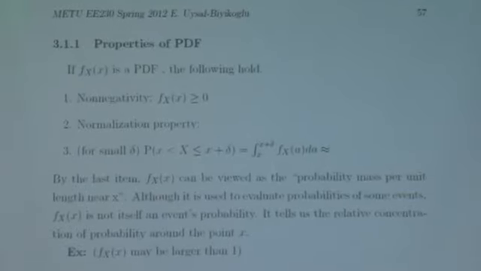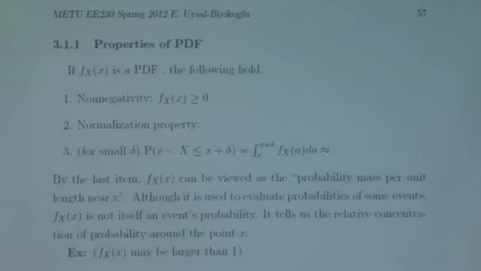Since probabilities are non-negative, the density function also has to be non-negative. Because if it went negative over any region, you could integrate over that region, however small that is, and get a negative probability, which wouldn't make sense. So density functions are non-negative.